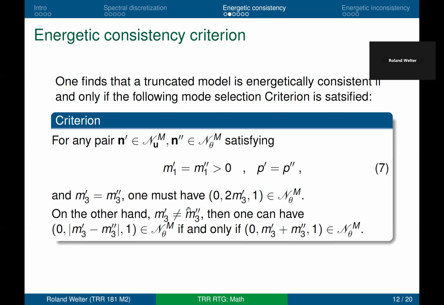It also says that if the vertical wave number is not equal, then you can only include the difference of their wave numbers if you also include the sum of their wave numbers.